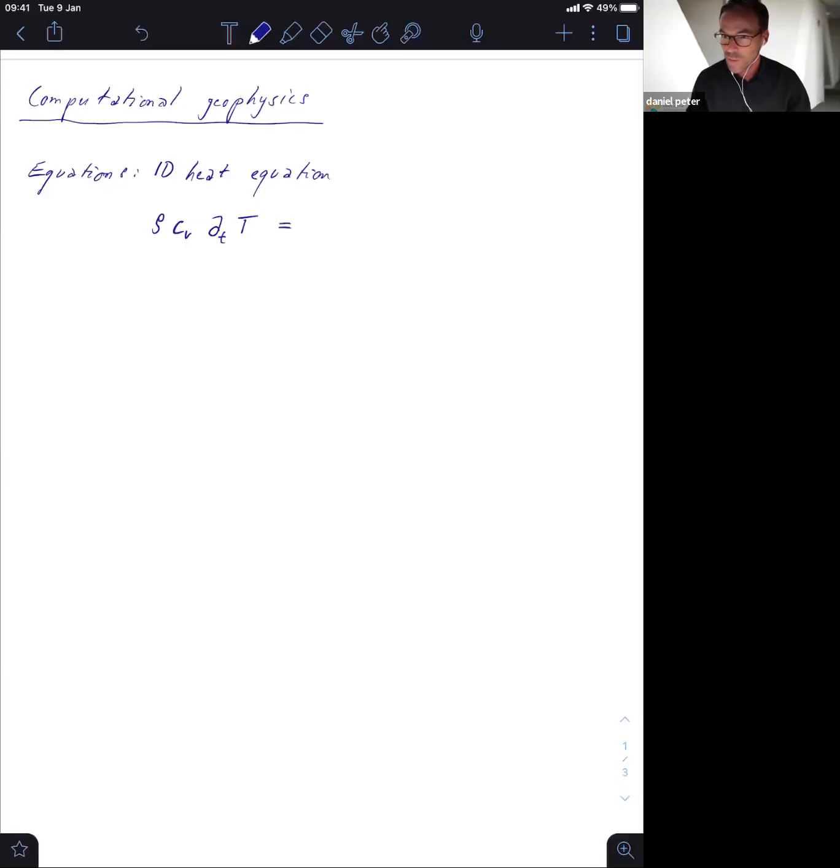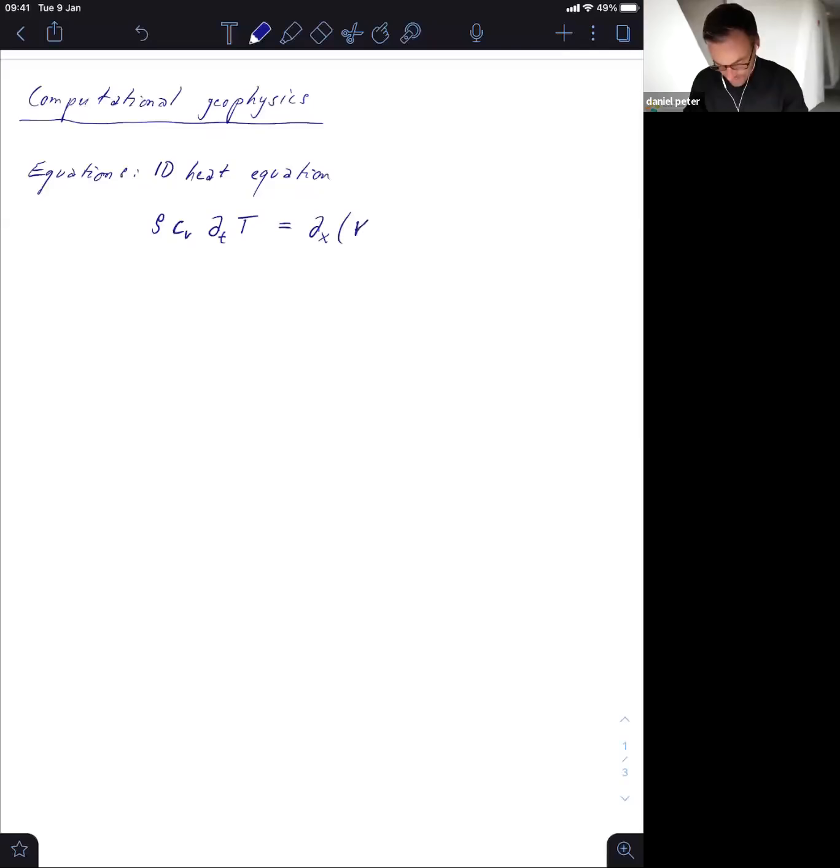Now comes the complicated part. The first derivative of kappa times the first derivative with respect to x. Right, the general form uses the derivative with x. Then kappa is what? Conductivity.